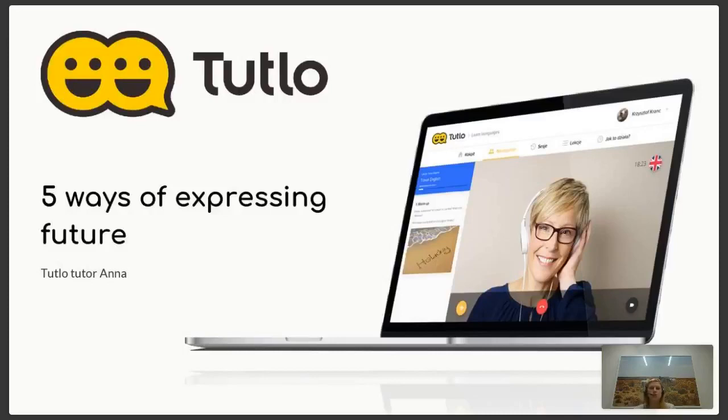Which constructions do we use if we want to express future? Can you just list them? I somehow helped you by saying that it's going to be 5, but what are the possible constructions of expressing the future? Can you write down your ideas in the chat box?